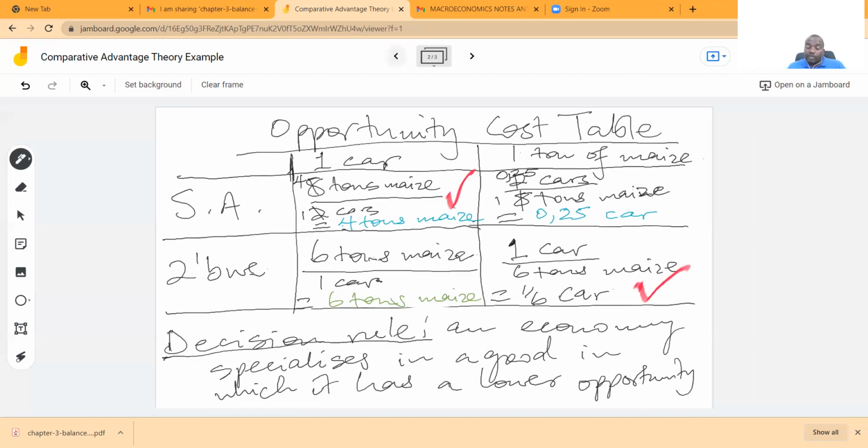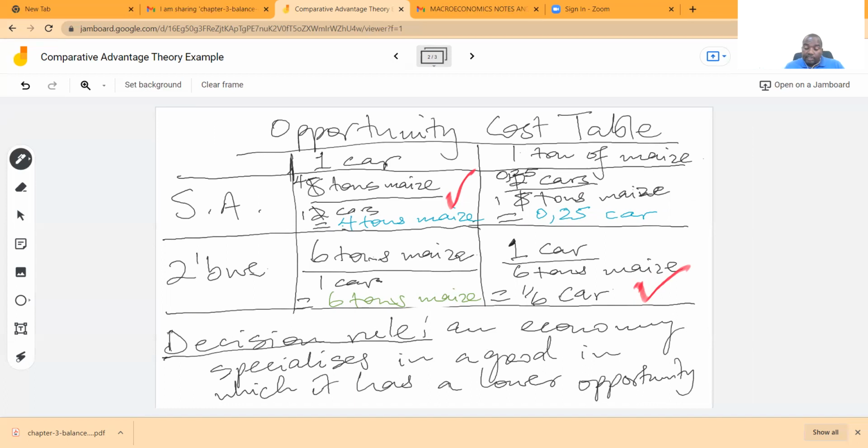No, it can't be a mutually beneficial trading ratio because this trading ratio is to the disadvantage of Zimbabwe. It's the same as the comparative advantage opportunity cost of Zimbabwe. It's like we are trading with the opportunity cost of Zimbabwe when she was operating in autarky.